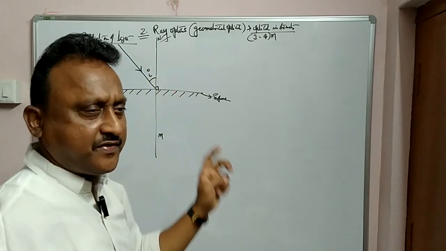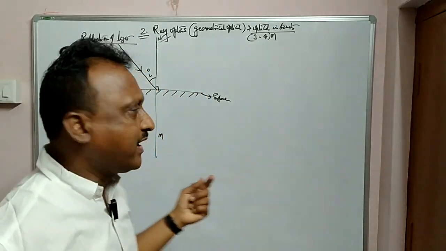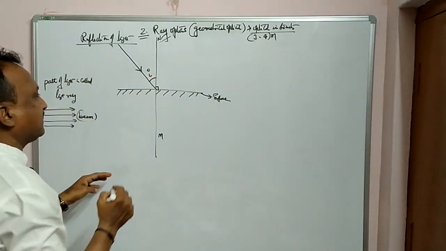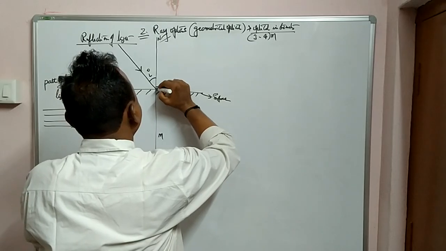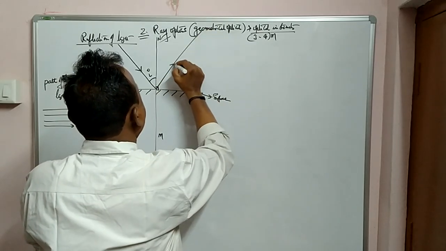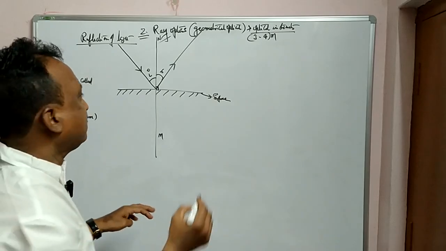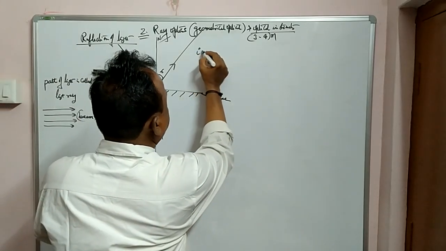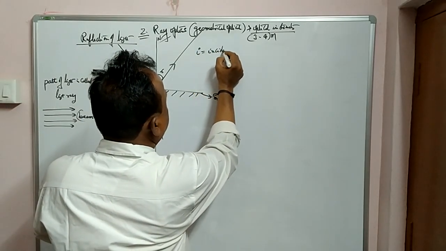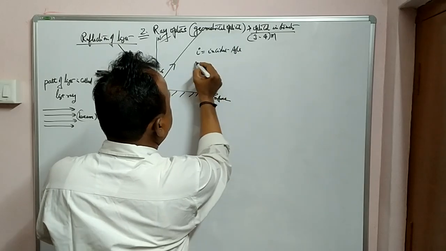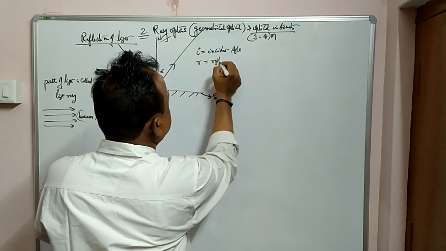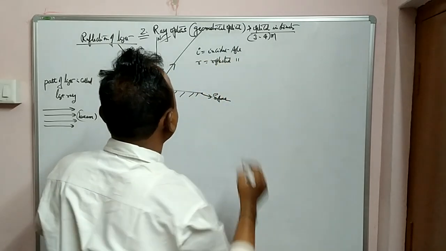If it is given with the surface, then you can calculate 90 minus i. Now this light ray will come back again, and this is called the reflected angle. i is the incident angle and r is the reflected angle.